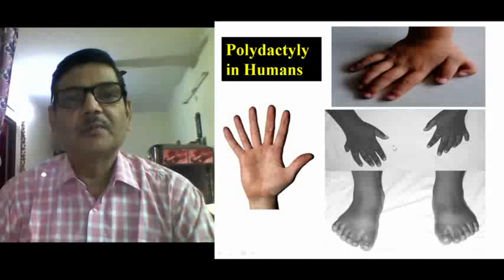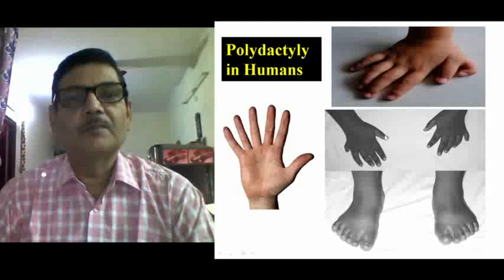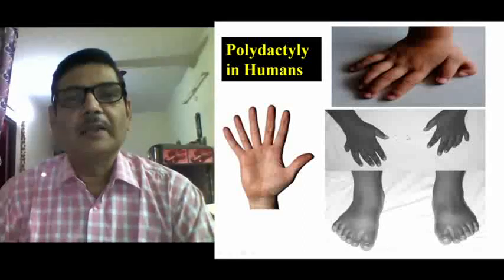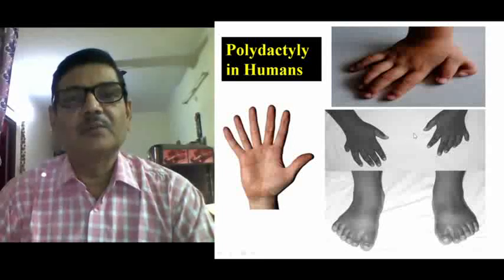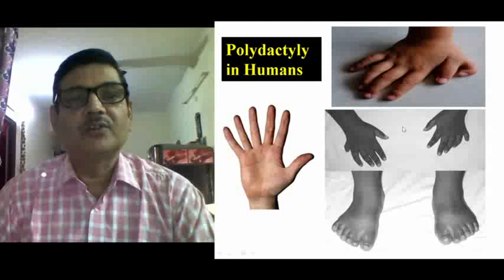But what we observe is that there could be persons having an extra finger in one of the hands, and then there could be persons having extra fingers or 6 fingers in both hands, and there could be persons having extra fingers in toes also, in the leg portion also. So there could be variable expression of the trait. Here you see a very small outgrowth of an extra finger, but in this individual all the fingers are fully grown. So there is variable expression of the trait.